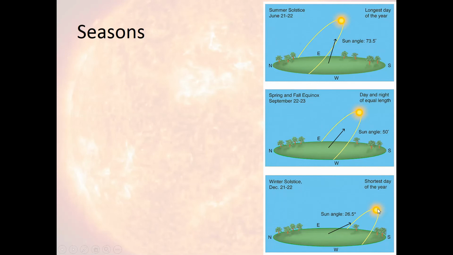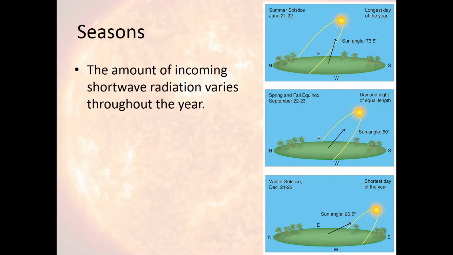The reason why is because as the sunlight's hitting you, it's spreading over a larger area. Therefore, it's more diluted. On the other hand, in the summer months, when the sun is higher in the sky, you're getting much more direct sunlight, and it's much more concentrated.